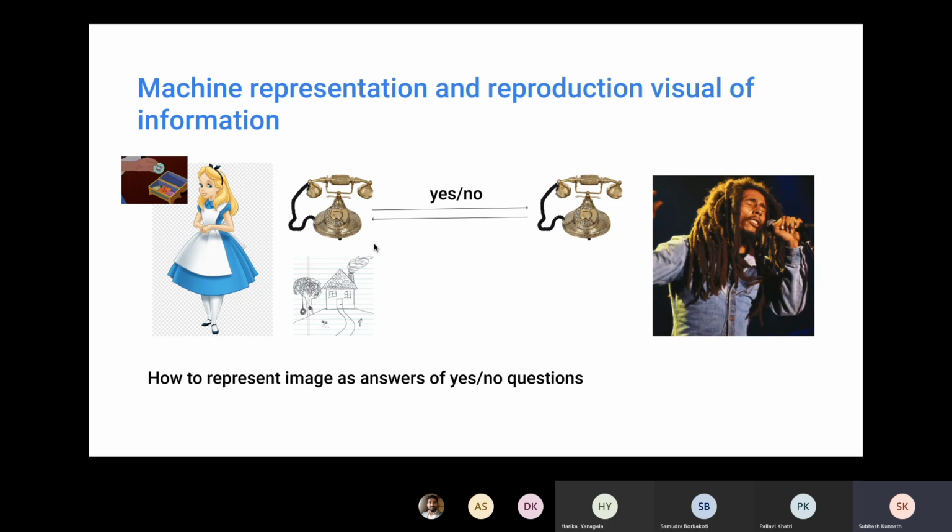So she wanted this homework to be submitted at school, exactly reproduced by Bob. The only thing she can say is yes or no. So how can this visual information be coded and transferred to the other end, just with yes or no questions?